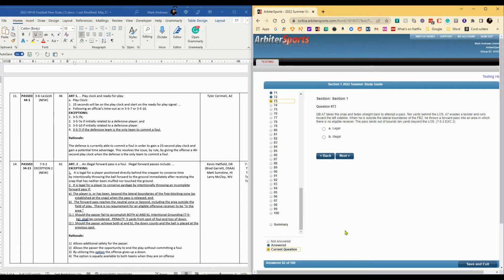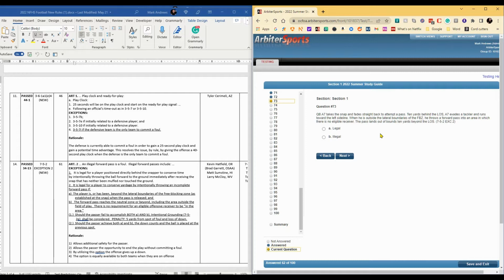Okay, same play, different situation a little bit. I'm glad we're going over this because this new rule is important. Quarterback A7 takes the snap and fades straight back. You know the whole deal. 10 yards behind the line of scrimmage, A7 evades a tackler and runs towards the left sideline. When he is outside the lateral boundaries of the free blocking zone, he throws a forward pass into an area in which there is no eligible receiver.